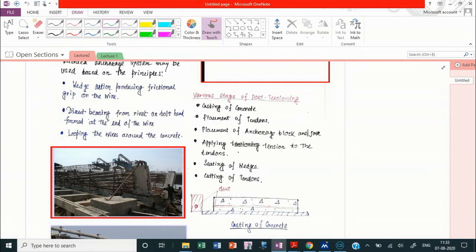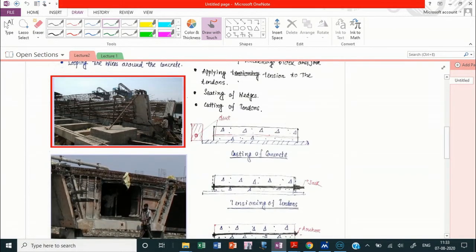Here you can see that this is a post-tensioning bridge, but an internal prestressing system has been applied here, because all these ducts are inside the member, inside the reinforcement cage.